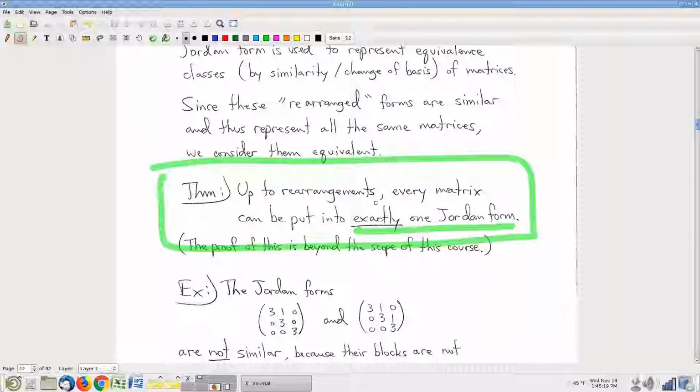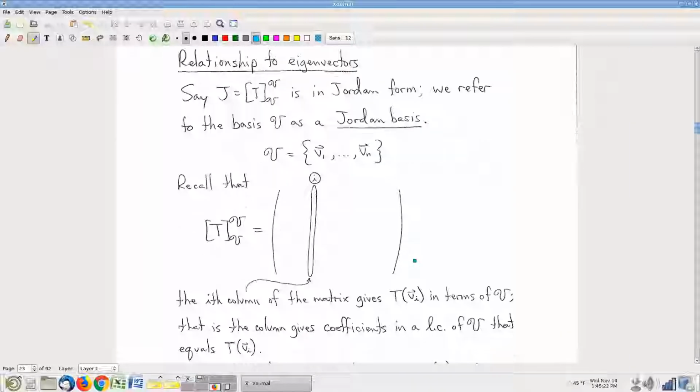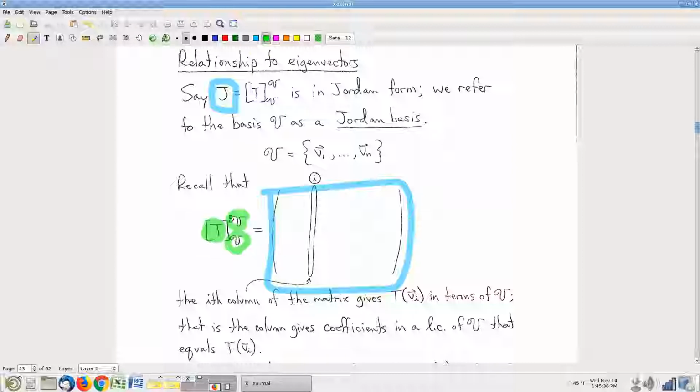Okay, then we ended on a discussion of eigenvectors. Interpreting a matrix J as representing some linear transformation with respect to some basis, and remembering all of our rules from section 5.3 of how a matrix represents a linear transformation with respect to a basis, the columns are the images of the basis vectors.